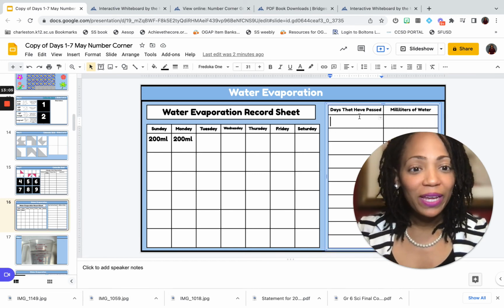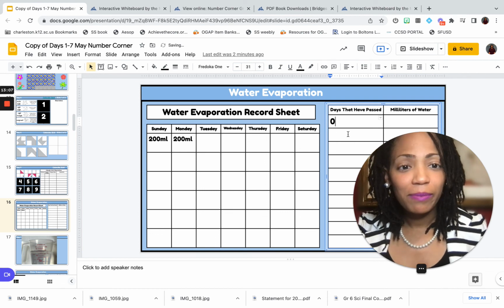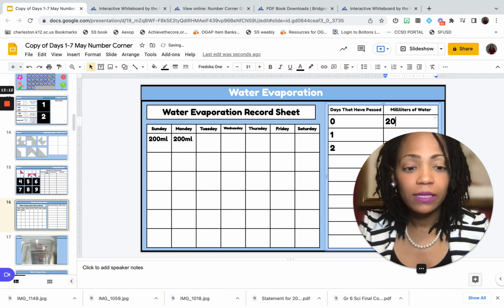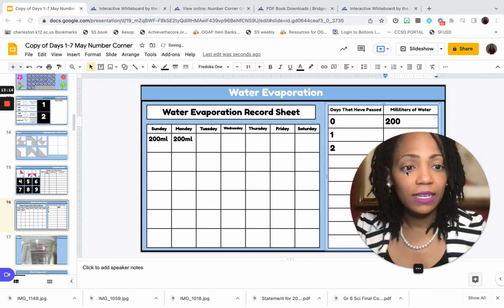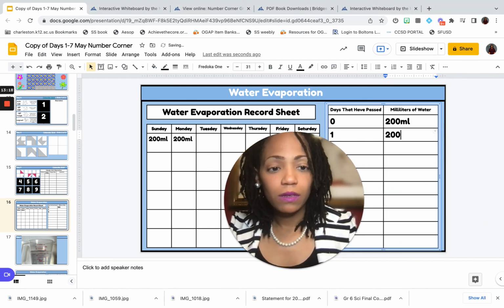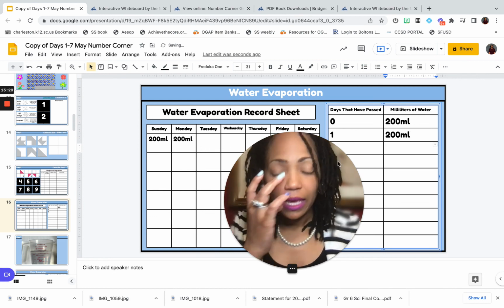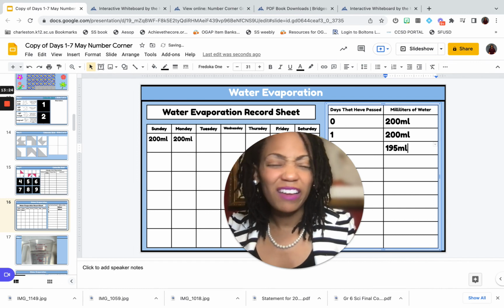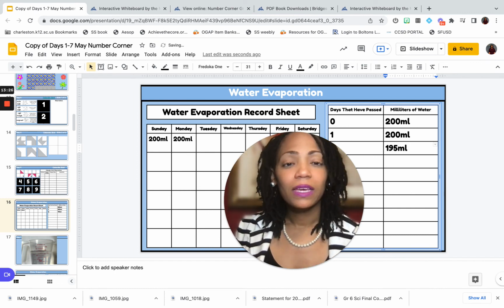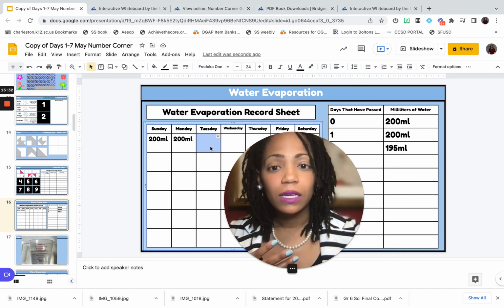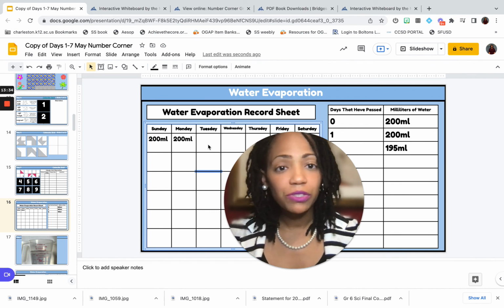So we now have 0 days that have passed, 1 day that has passed, now 2 days that have passed, and I should have copied this from yesterday, but it's okay. And so we're going to estimate about 195, maybe 193 milliliters are currently in the measuring cup.